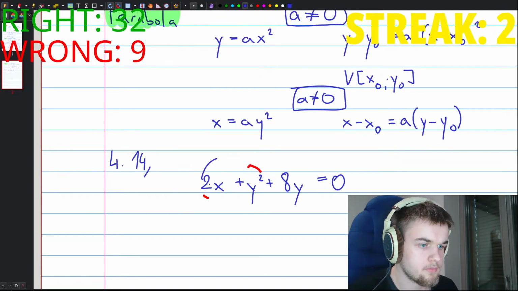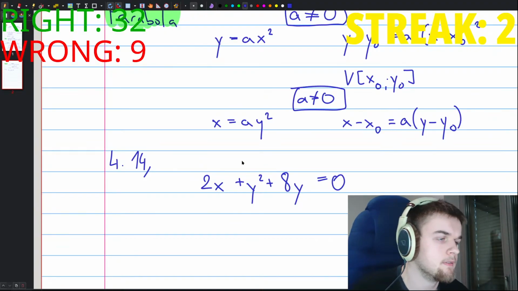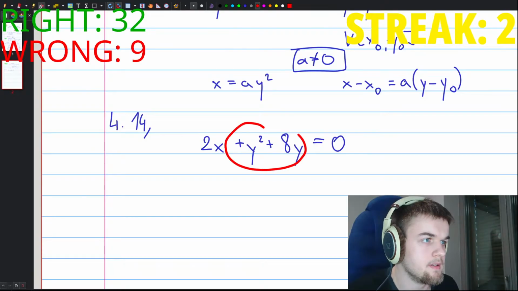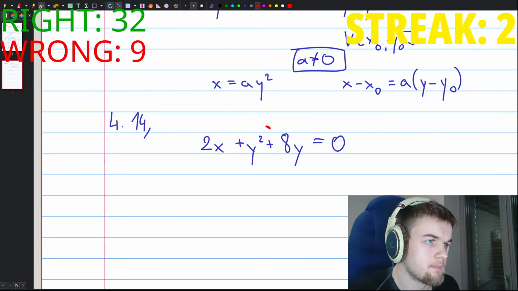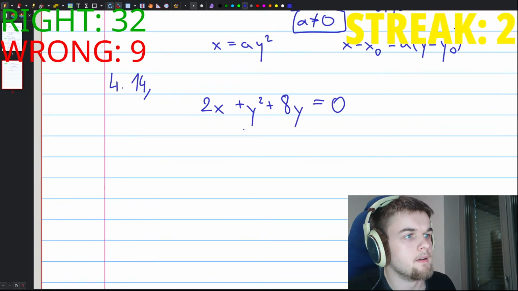There are no numbers currently, so I don't think it can even be a circle. What we can see here is we can basically complete the square, which is nice, I guess.